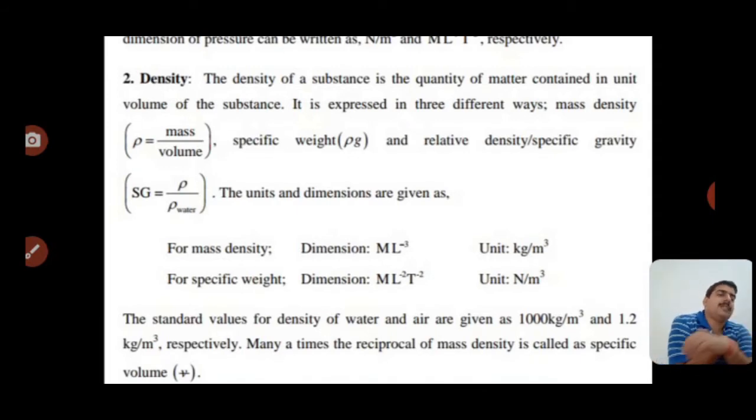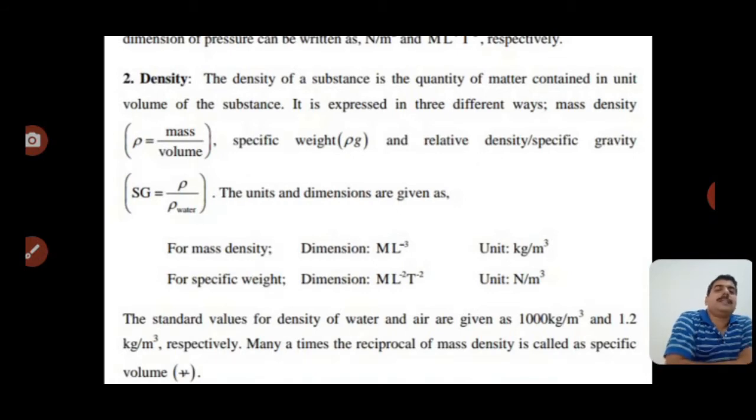We know that the specific weight of the fluid is rho g, and relative density or specific gravity is equal to rho of the given system divided by rho of water.